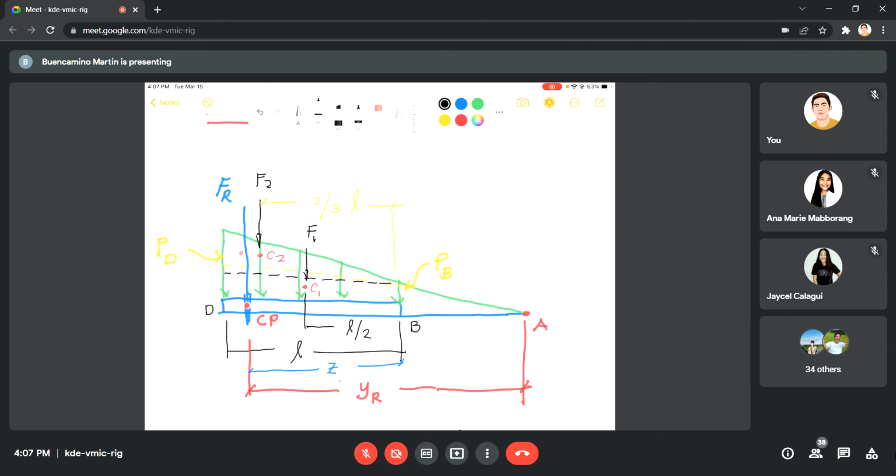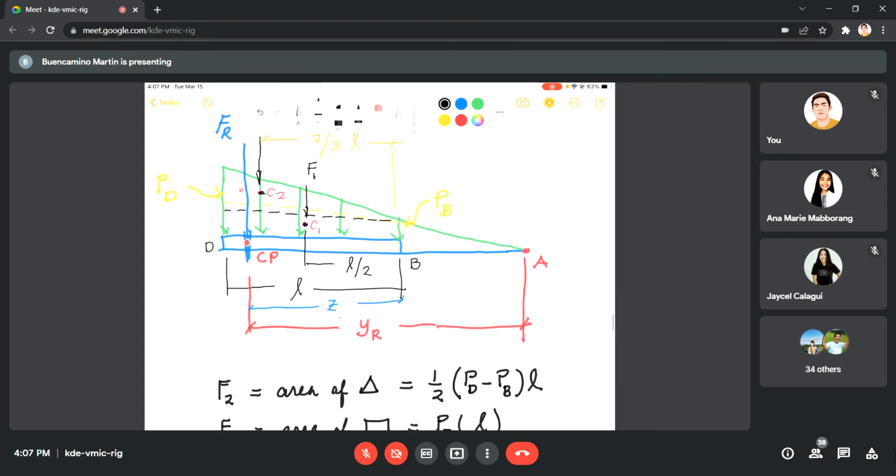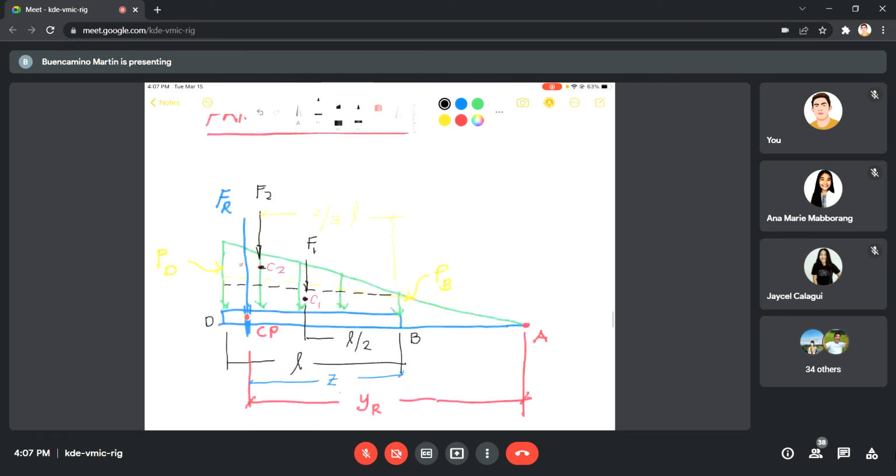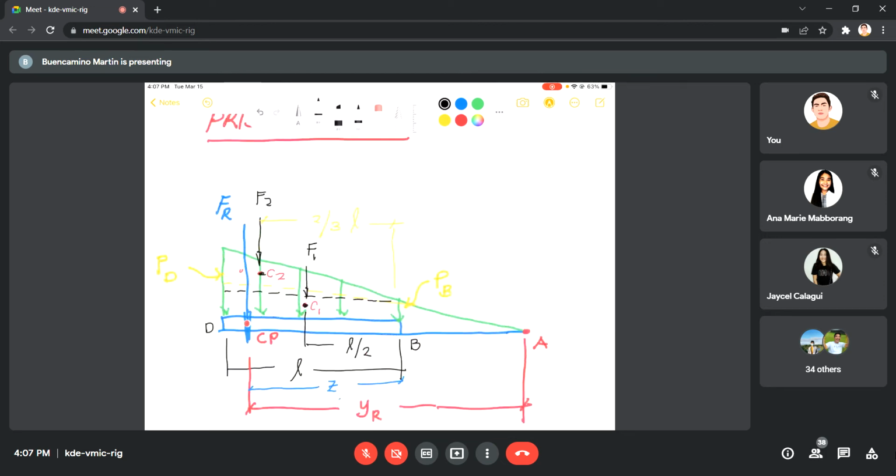Yung C1 yan yung centroid ng rectangular area na yan. Yung C2 naman yan yung centroid ng triangular area na yan. Yung F1, yan yung resultant sa C1. Yung F2, yan yung resultant sa C2. And then yung F sub R natin ay actually just the sum of F1 and F2.